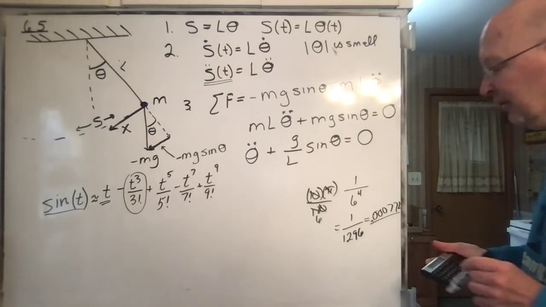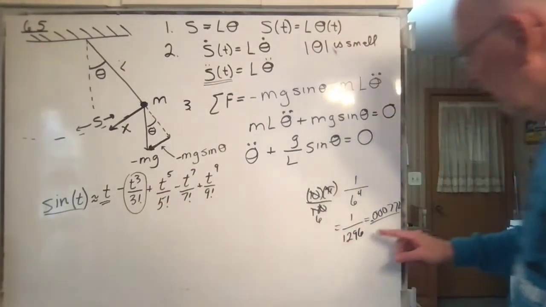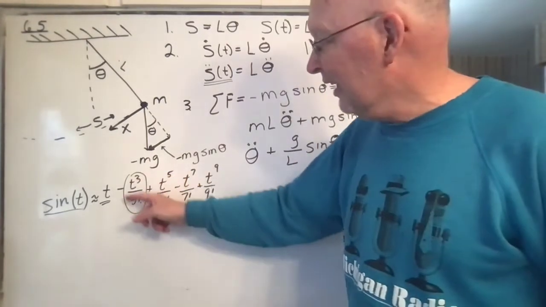So a very small number. The point is, even this number here is very, very small, seven ten-thousandths.